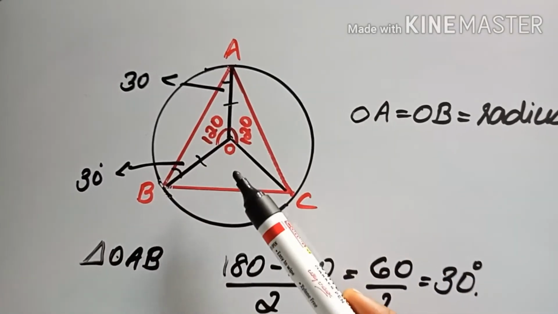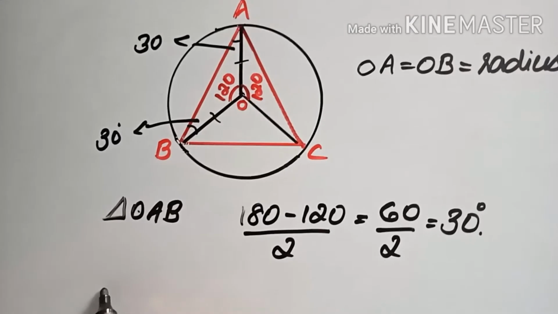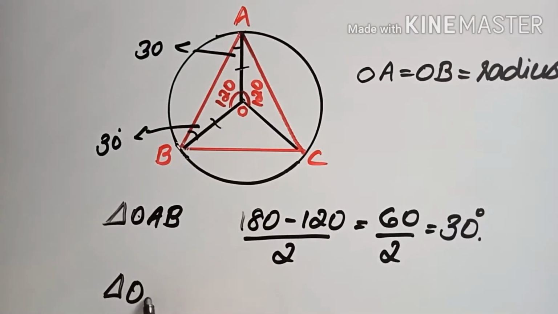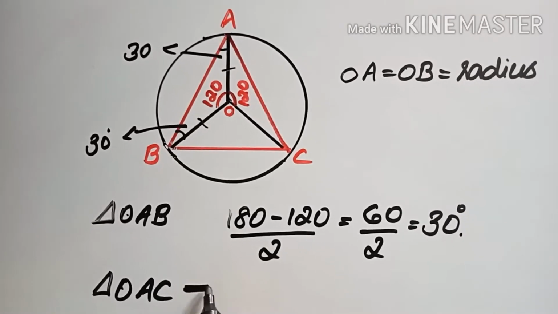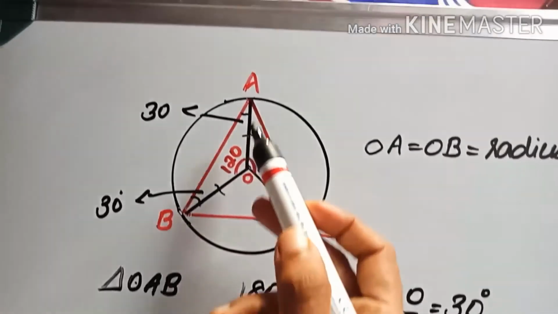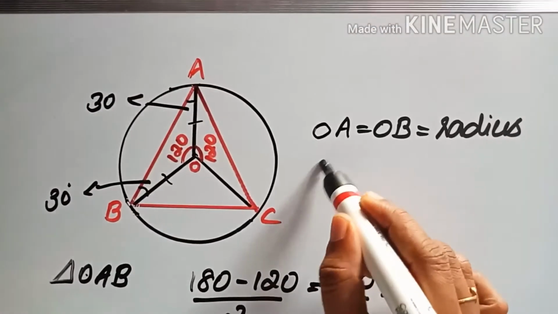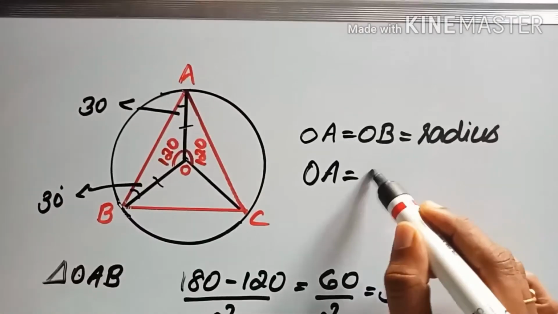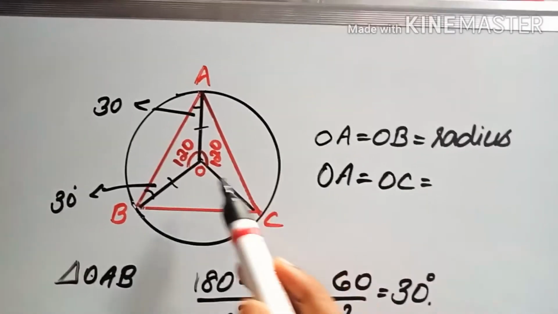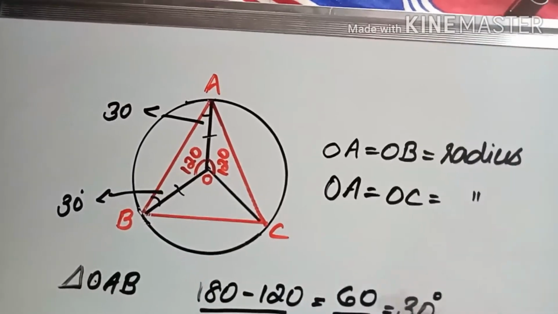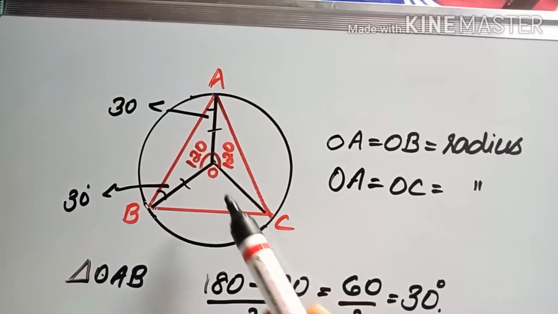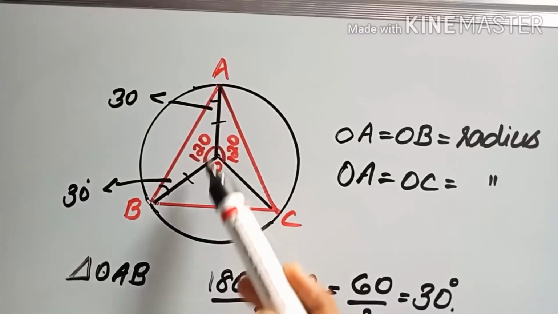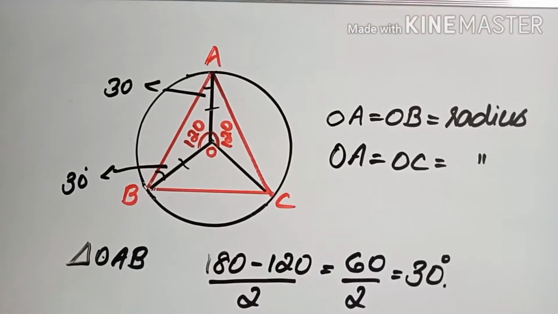Now, let's consider the next triangle, OAC. For this triangle also, OA equals OC. These two are also radii. Therefore, triangle OAC is also an isosceles triangle.